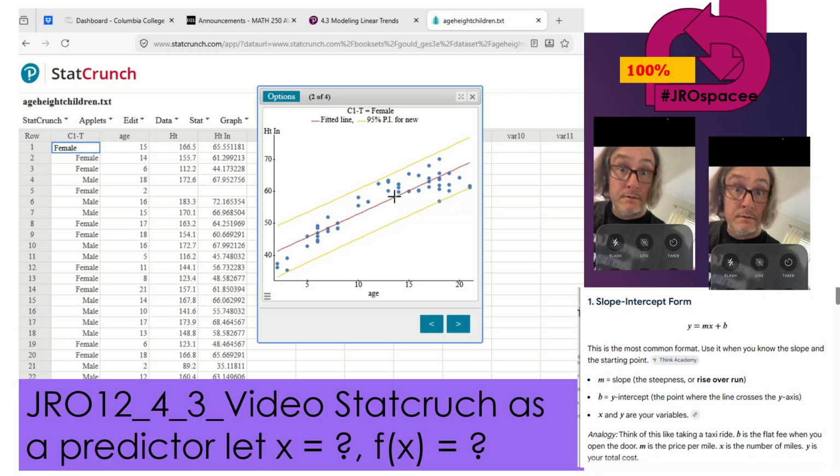But anyway, so we said 20. Oh, look what I just did. I extrapolated. Notice the data was age and height for children, so it's only between these age groups, starting at age 2 to 21.